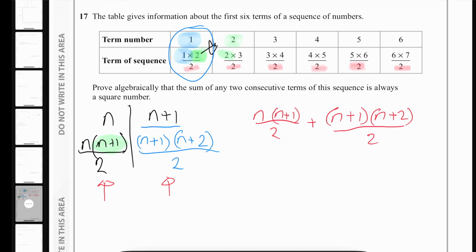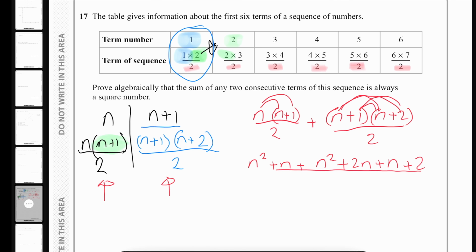And at the same time, I'm going to multiply this in. So I've got n squared plus n squared plus 2n plus n plus 2. And that is all now over 2.